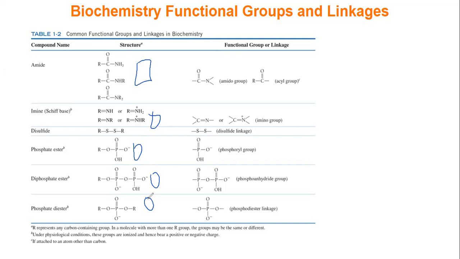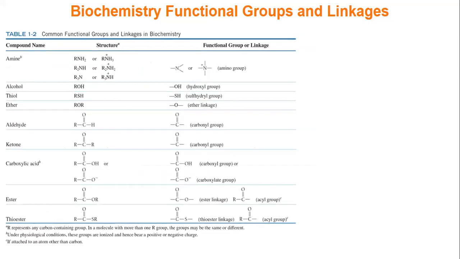You're going to have a couple questions like that. I want you to be able to know the names of the functional groups and linkages in these two tables, this table and the previous table. The reason is it just makes life a lot easier once we start to look at enzymes and more complicated systems.